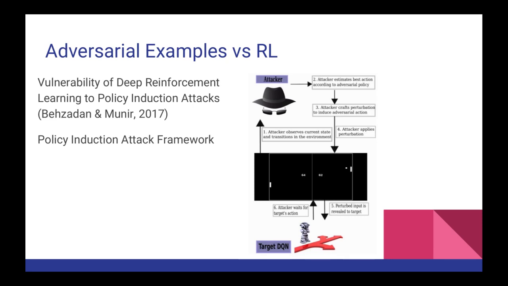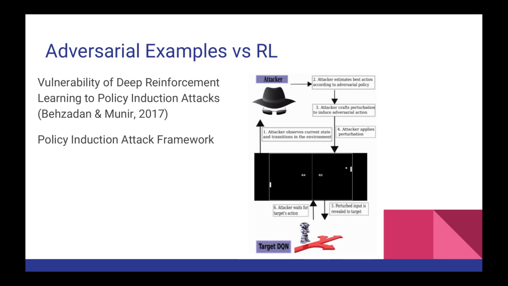Then the attacker estimates the best action according to the adversarial policy, and this estimation is done using the DQN trained by the adversary. The adversary then crafts perturbations to induce the adversarial action, and the attacker applies perturbations to the environment or to the observations of the target. Our environment in this experiment was a Pong game. The target DQN was trying to learn how to play the game of Pong.